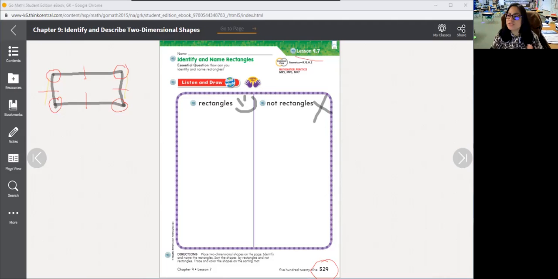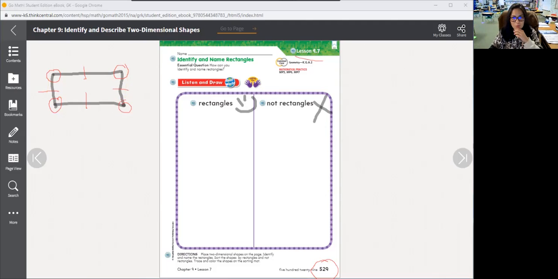So that's how I know it's a rectangle. I know that it's not a square because it has 2 sides that are longer and 2 sides that are shorter. So those are the things that we need to find. They have 4 sides, 4 vertex, but 2 sides are short and 2 sides are long. That's how we're gonna be able to identify and be able to name a rectangle, okay?